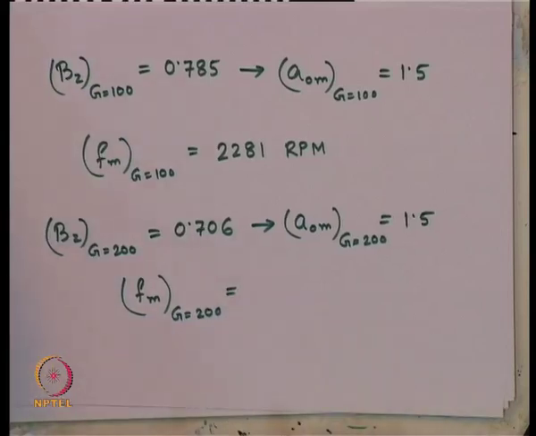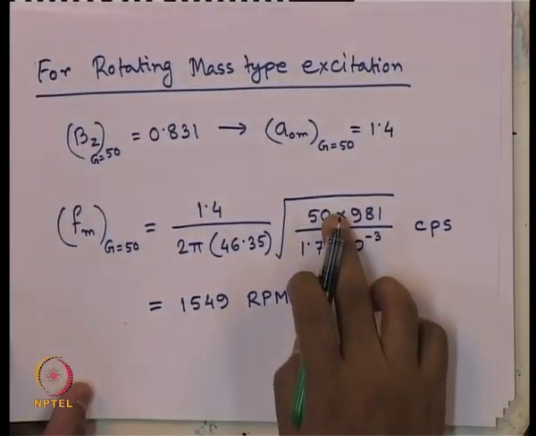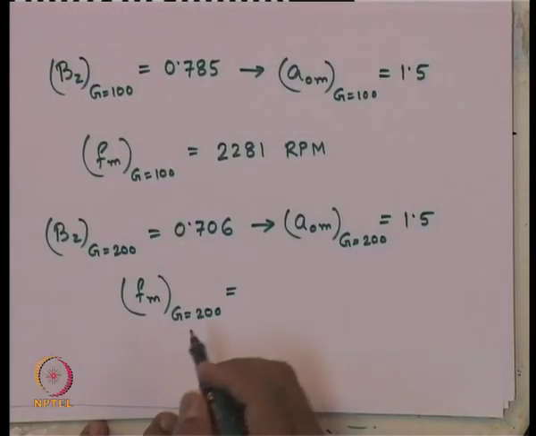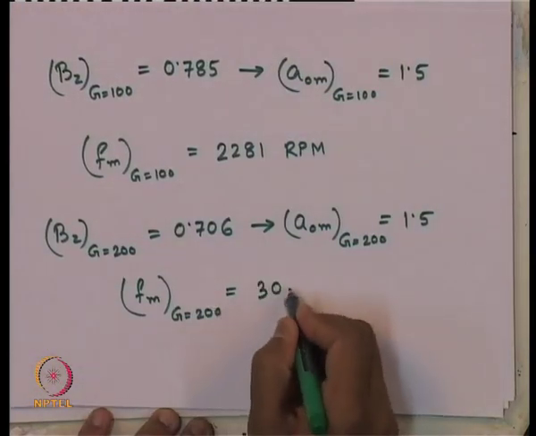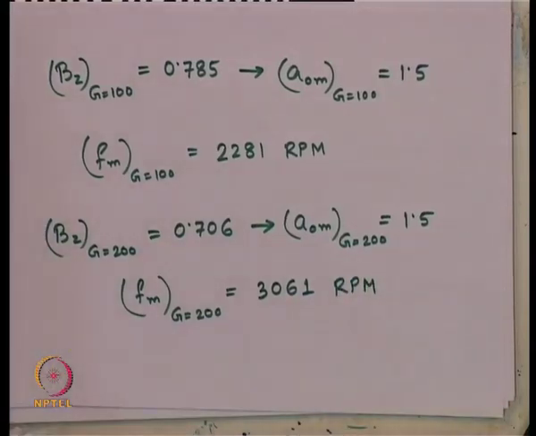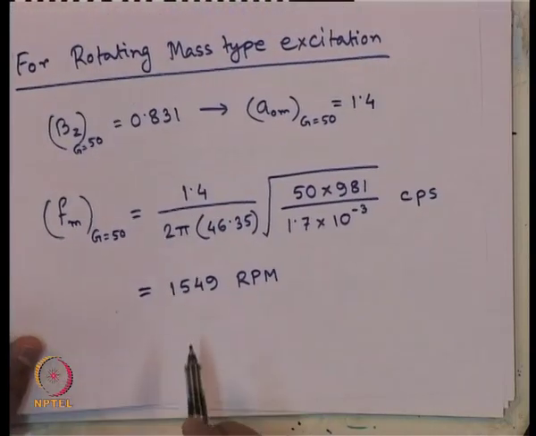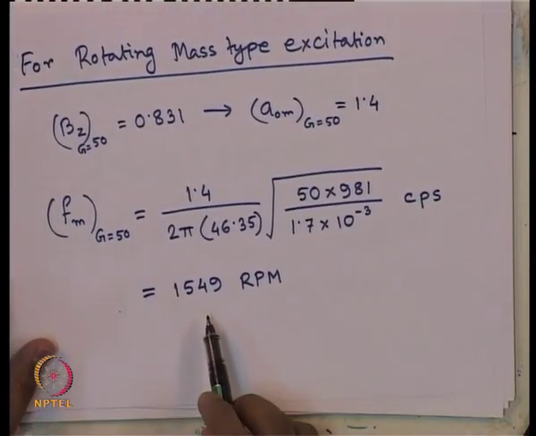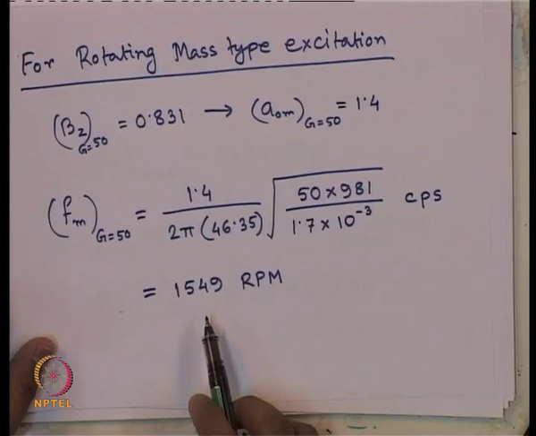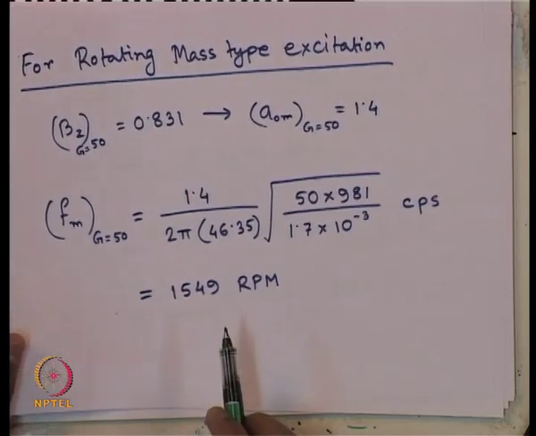In this same expression, the values are changing, like this is 1.5, this is 200, this is 2. So, it is coming to about 3061 RPM. What does it mean? Looking at the three values, we can conclude as a designer what we can comment: that for the first type of soil, if we plan to run or operate the machine at 1500 RPM, it may lead to a close to resonant condition, which can be avoided.